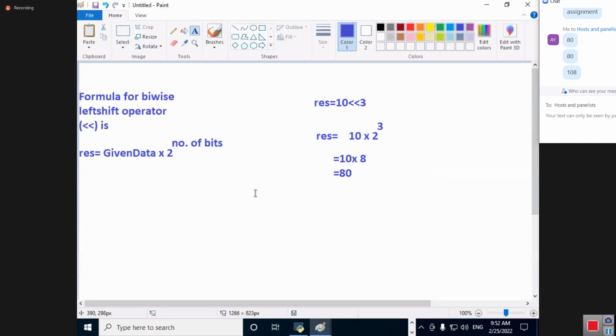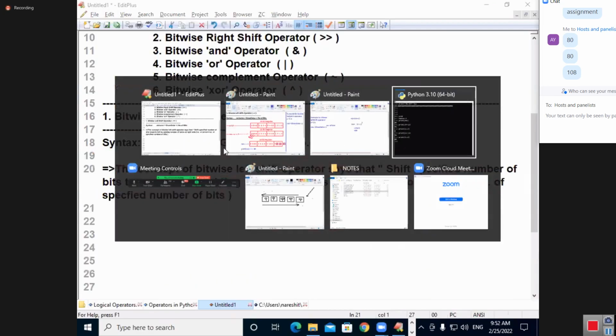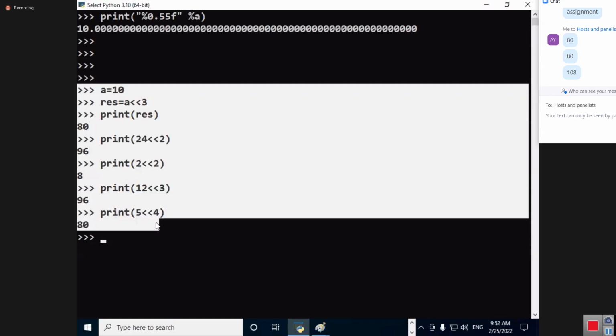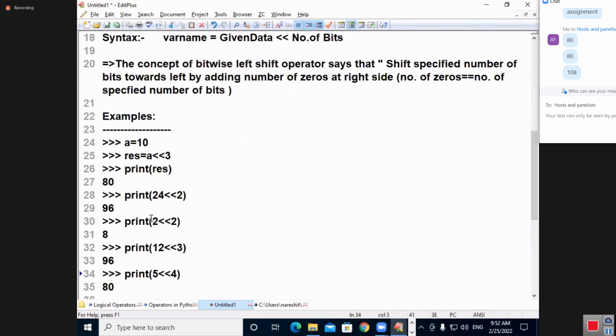For shortcut purposes, we can happily apply this concept. Coming back to the example part, I will explain here. So here it is going to be 3.